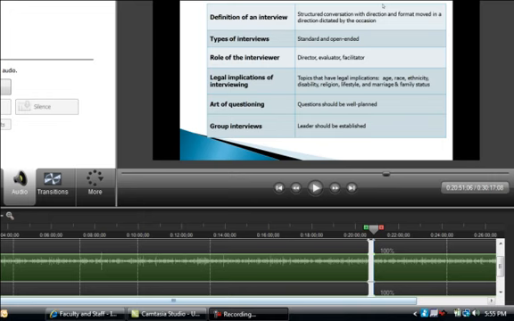Oftentimes a brochure is a good tool to train interviewers, and I further would recommend that you keep a record of those on a committee for future reference. At the end of the interview process, collect and destroy notes and excess packets. That is to protect against information in a potential lawsuit.